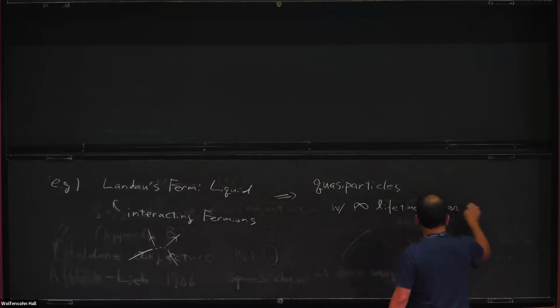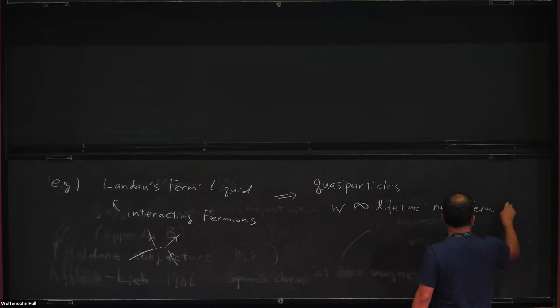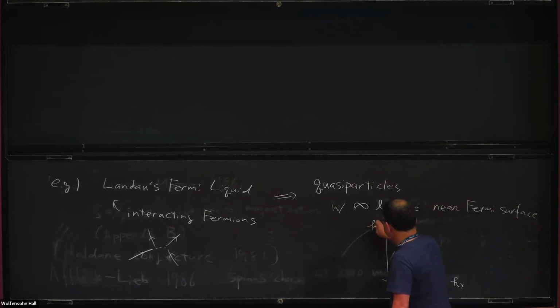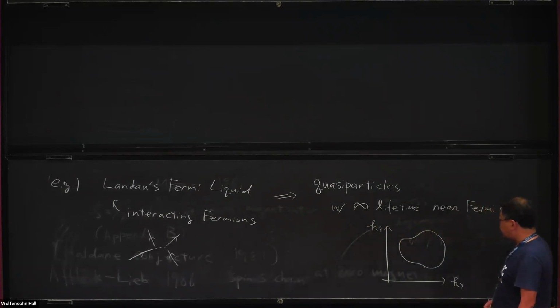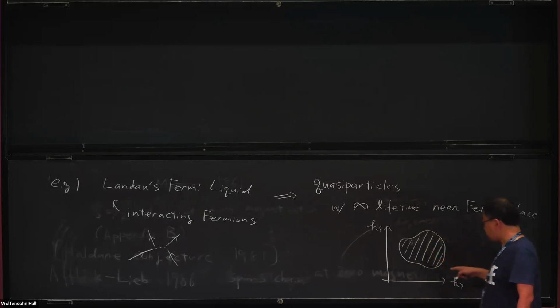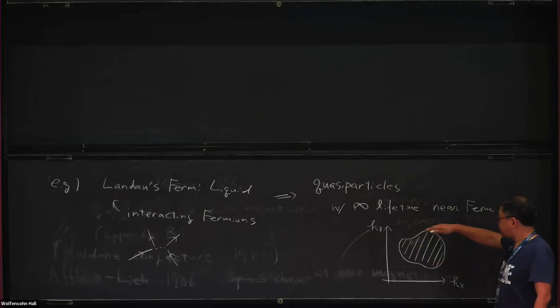So if you consider the momentum space, then there's some Fermi surface, and you can pretend like inside this Fermi surface, the Fermi sea, all the states are occupied by quasi-particles, and all the states outside the Fermi sea are unoccupied by quasi-particles.